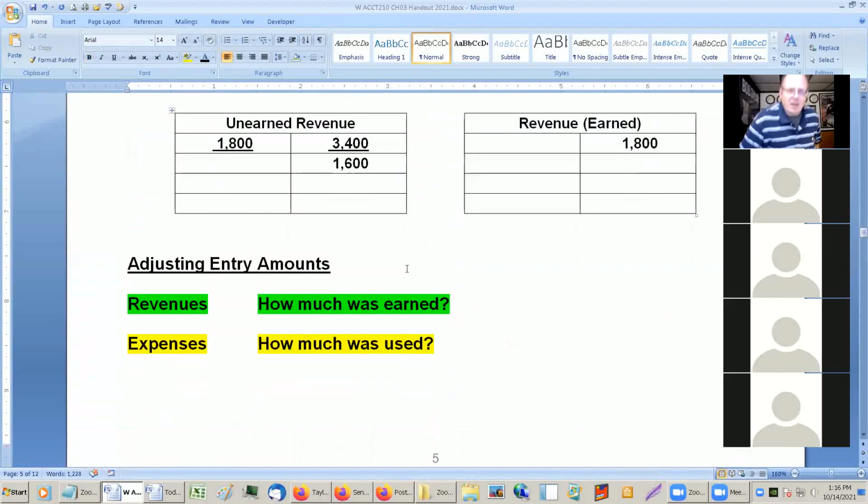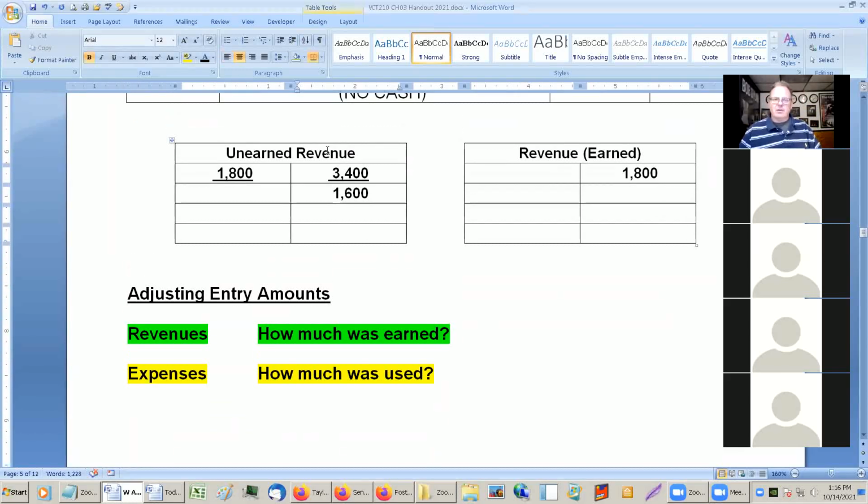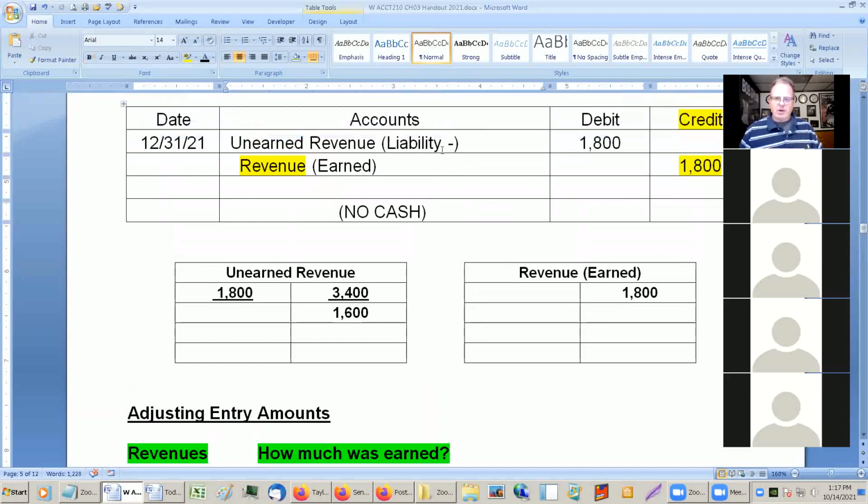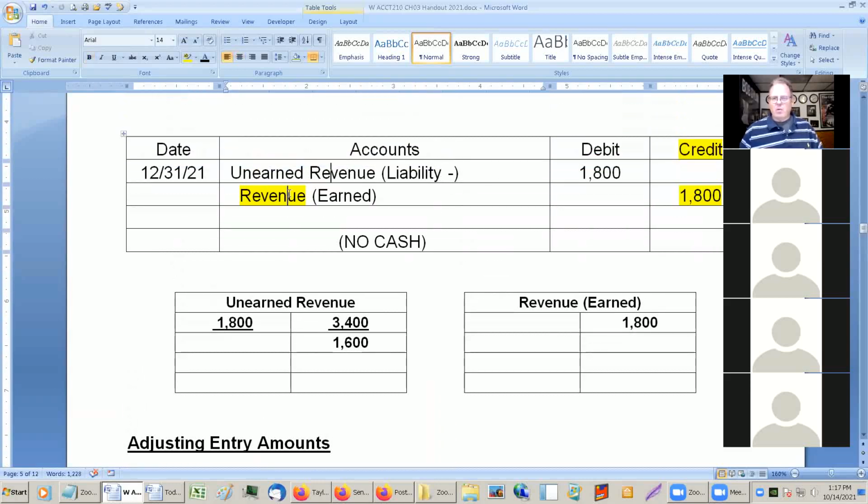And whatever the ending balance is will come out to be whatever the ending balance is for the asset or liability account. By the way, maybe one more note about these journal entries: there's always a revenue or an expense.